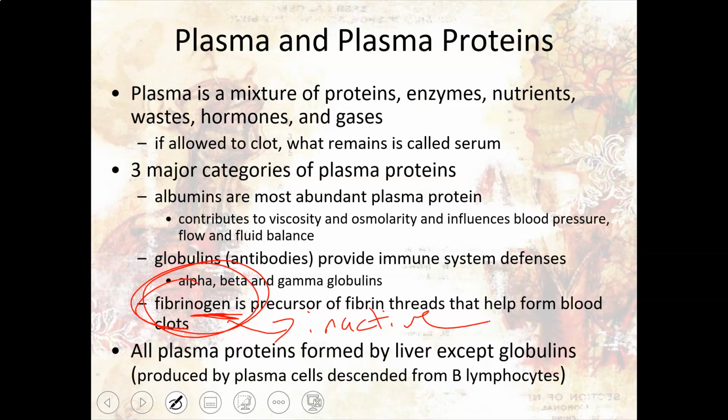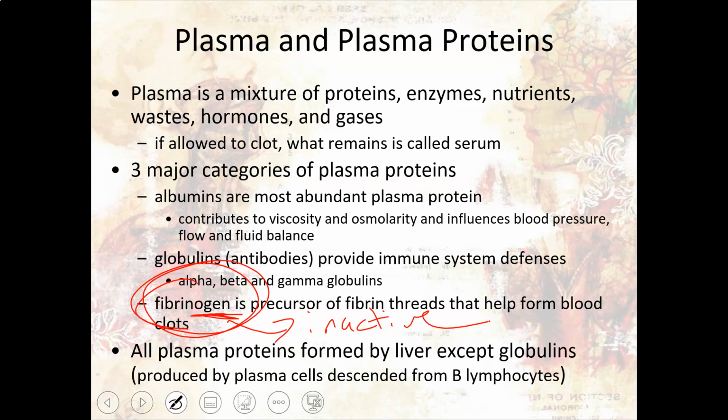It means that it has to be activated to do anything. So fibrinogen is inactive. It's soluble. It's in your plasma, not doing anything all the time. When it's activated, it becomes fibrin. We'll talk about that process of activation a bit later. And fibrin is going to help form the blood clot.